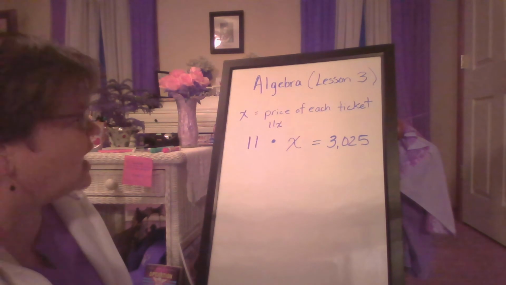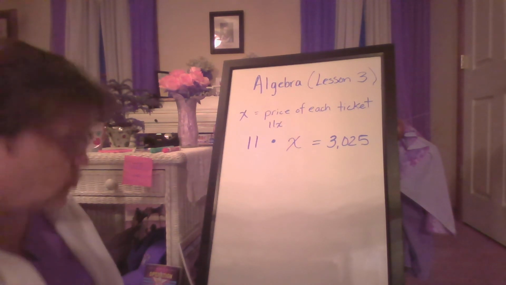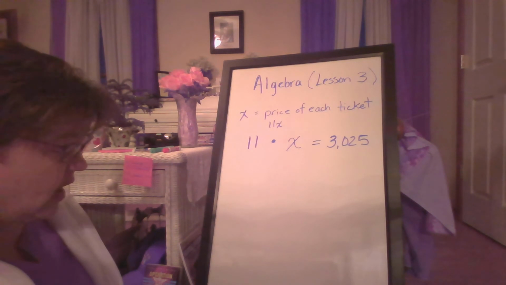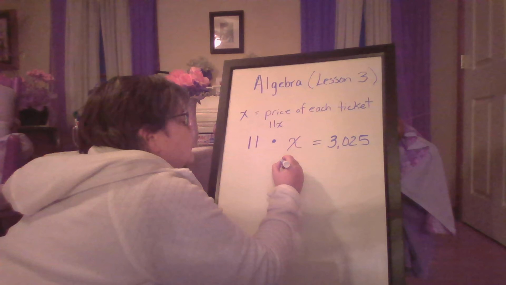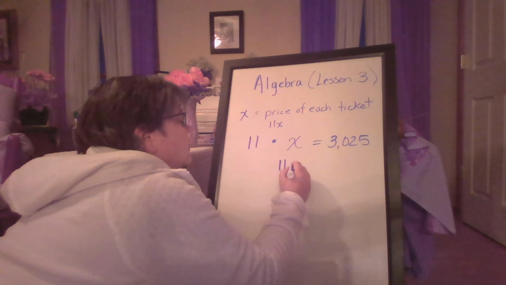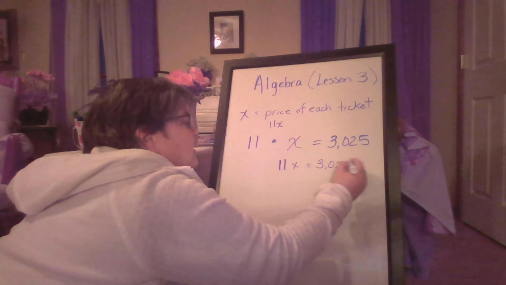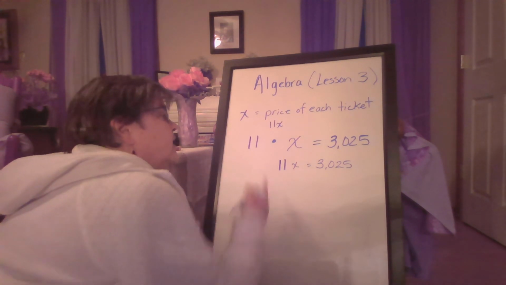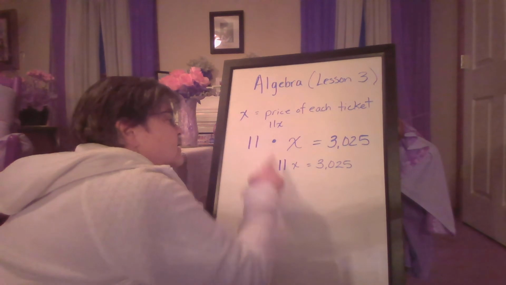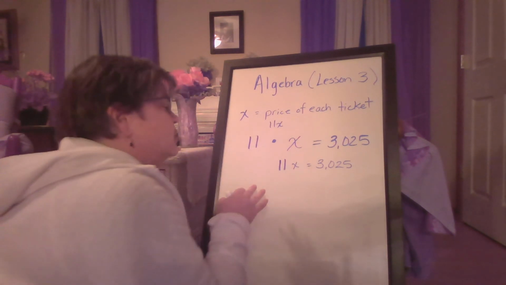So 11 times what will give me 3,025? Well, I know, and I'm going to write these. I know that if I divide, because I have multiplying, and we're going to talk about this later, the opposite of multiplying is dividing.